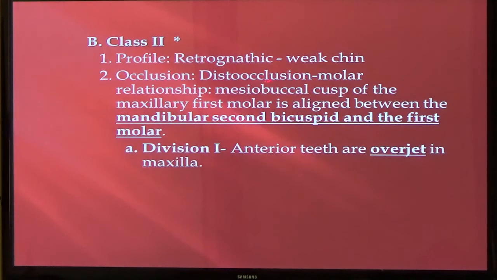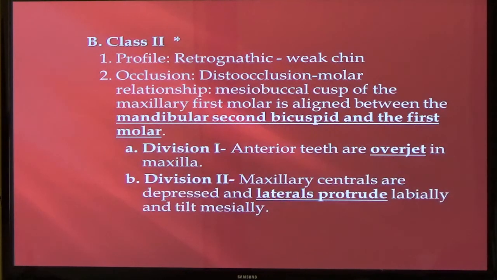Disto-occlusal molar relationship: the mesiobuccal cusp of the maxillary first molar is aligned between the mandibular second bicuspid and the first molar. You can break it up into Division 1 and Division 2, though you don't need to know these. Division 1 is anterior overjet in the maxilla. In Division 2, the laterals come forward and the teeth are back.